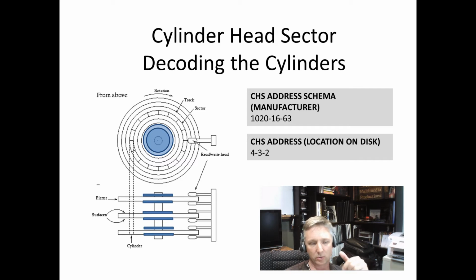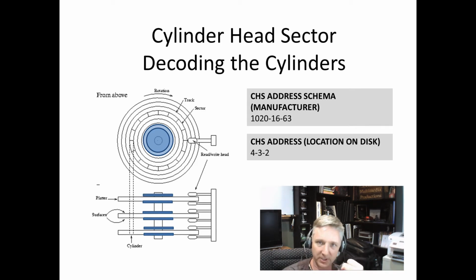So on the next cylinder out, like on the 5th cylinder, it's not the whole cylinder, it's just the first 3 heads or the first 3 tracks from the top down, and then 2 additional sectors. So that's the physical address of this hypothetical file: 4-3-2.